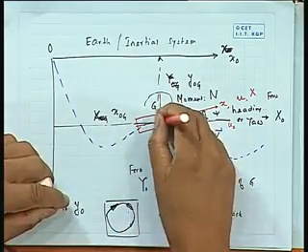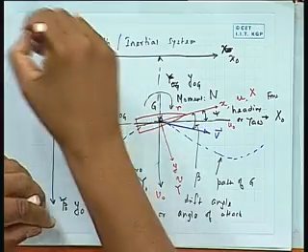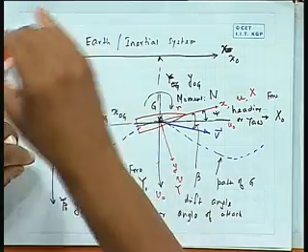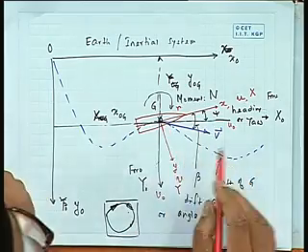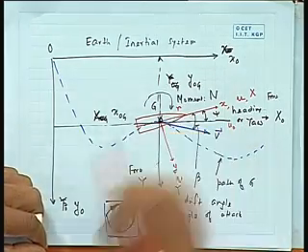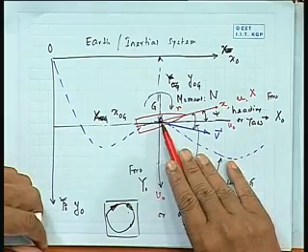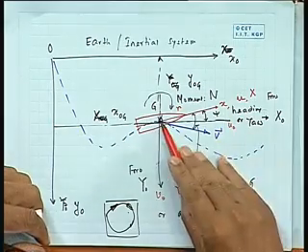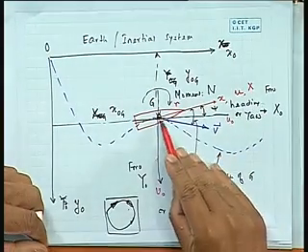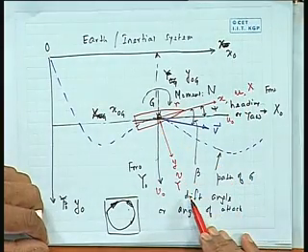R does not change because it is the rotation about the vertical axis. The forces here are X0, Y0 and N. Similarly, I define here the forces as capital X, capital Y, and the velocities as small u, small v.